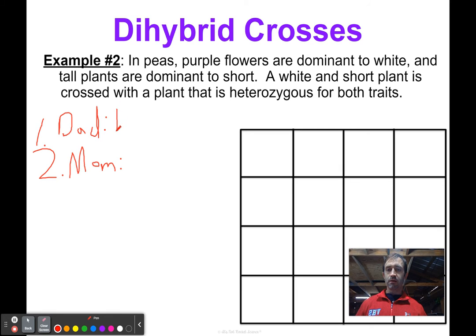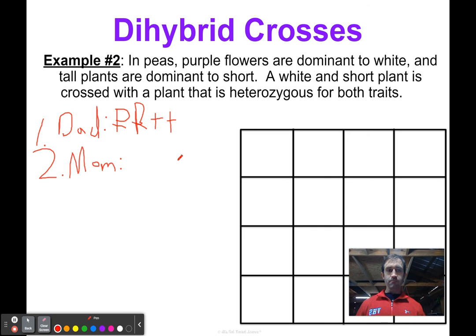So big P is dominant, big P will be purple, little p will be white. And tall and short: big T will be tall, little t will be short. Okay, it's a white and short plant. So we've got a little p, which I'm going to put a little cross through, okay? We've got a little p crossed with a little t, okay?